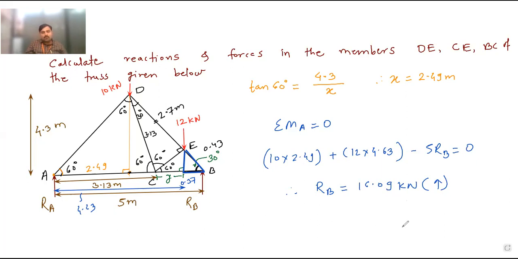Now if you apply summation Fy, RA is upward, plus; RB is upward, plus; 10 and 12 are moving downward, so minus. So summation Fy equal to 0. Then here RA plus RB, 16.09, minus 10 downward load, minus 12 downward load, is equal to 0.